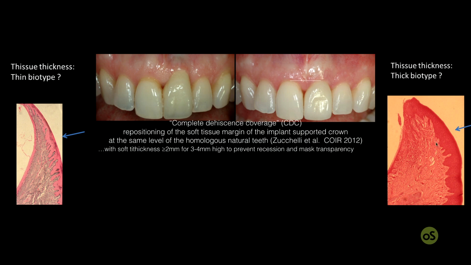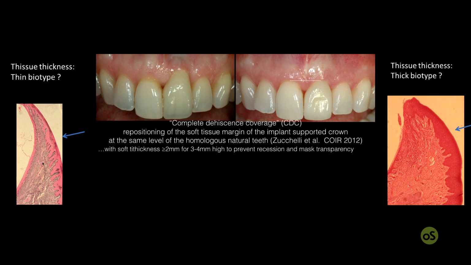So here there is still some connective tissue not invaded, not destroyed by the inflammatory cells, which maintains the soft tissue margin, that is where the oral epithelium with the intrasulcular epithelium meets, in the same position. So no gingival recession forms.